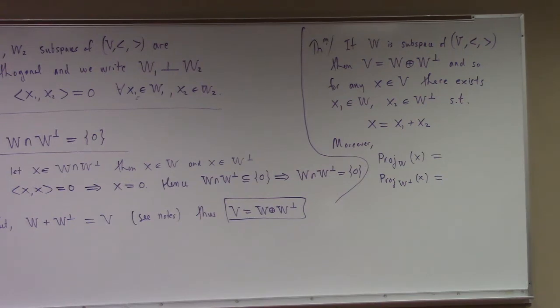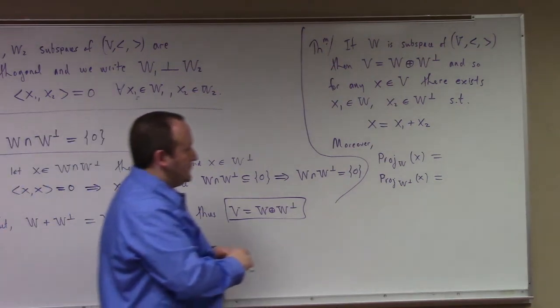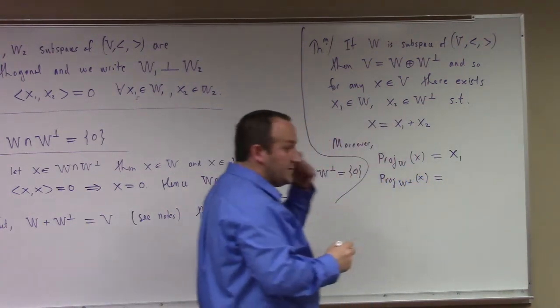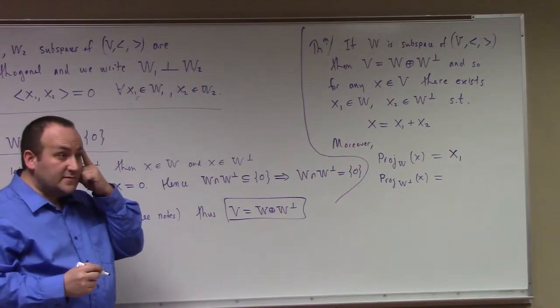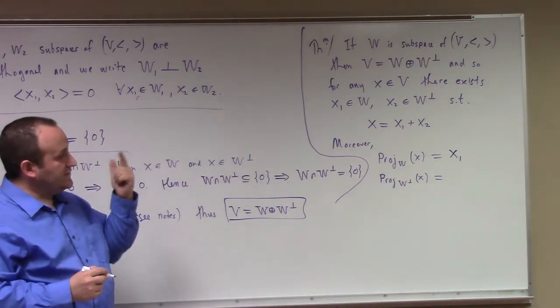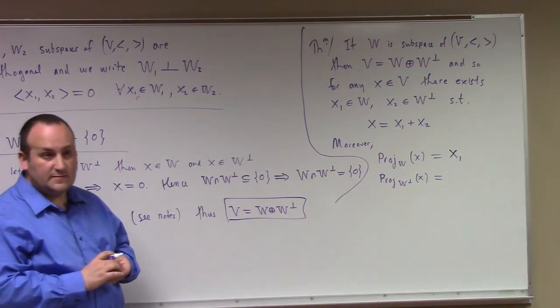So the projection onto W of x should be the part of x which is in the W space. So that is by construction x1. The projection onto the perpendicular space should be the part of x which lies in W perp, which by construction is x2.